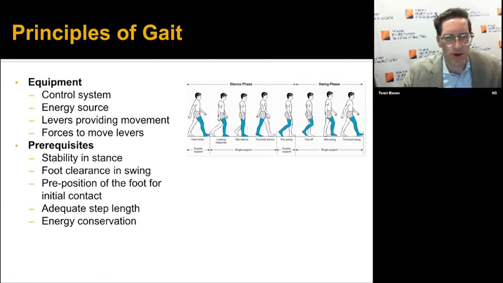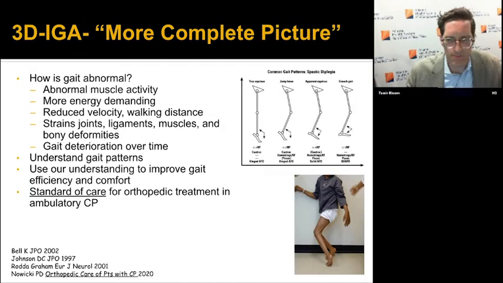So we need to be able to clear the foot so that we don't trip on it when we take a step. We need to properly preposition the foot with heel strike on initial contact. We need to take an adequate step length and use energy conservation so that we walk in the most energy efficient way. And so all these could potentially be impaired in someone within the GMFCS 1, 2, and 3 level.